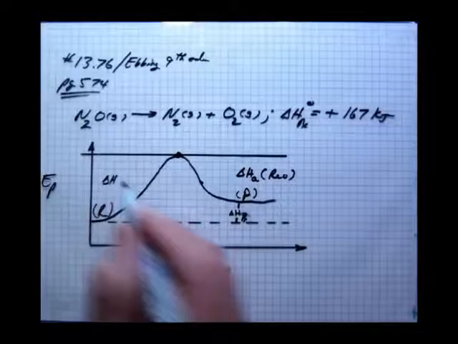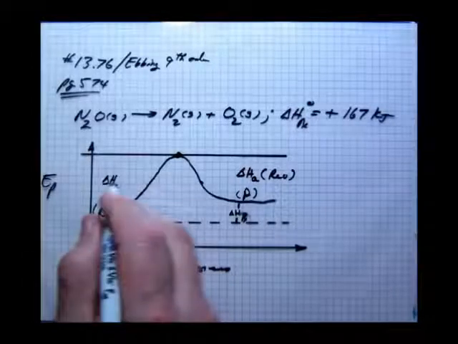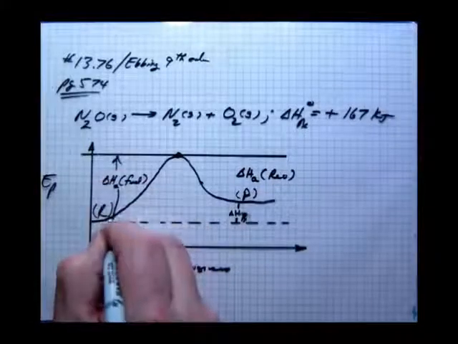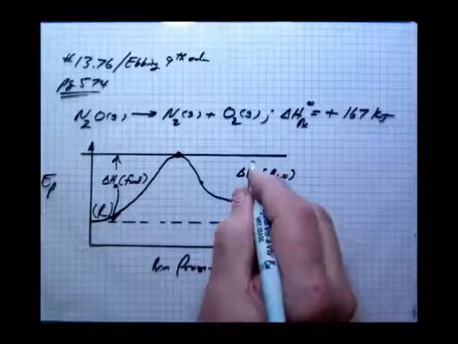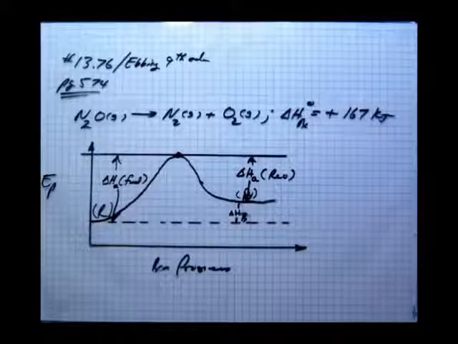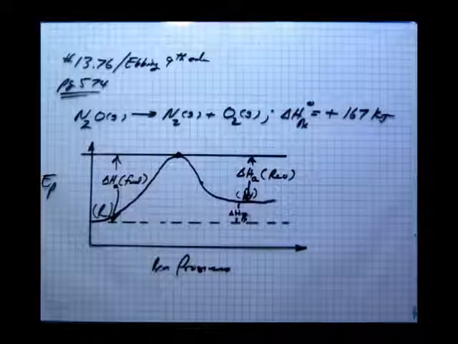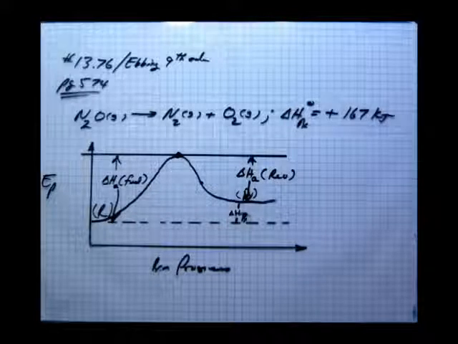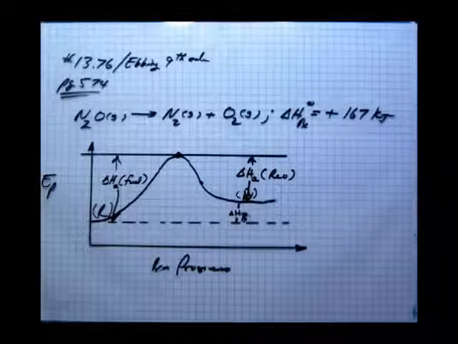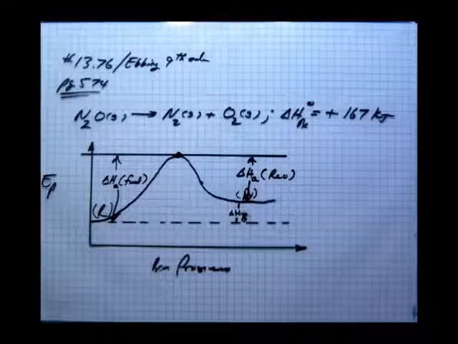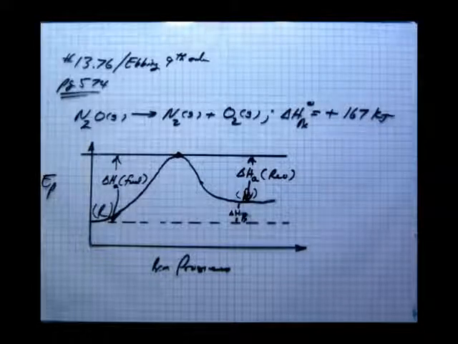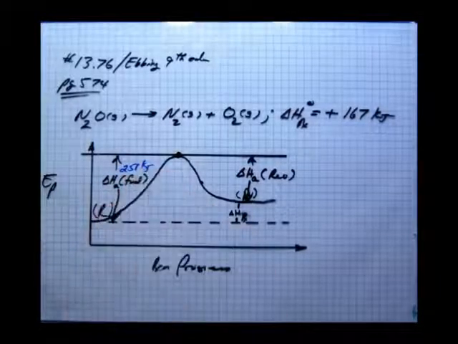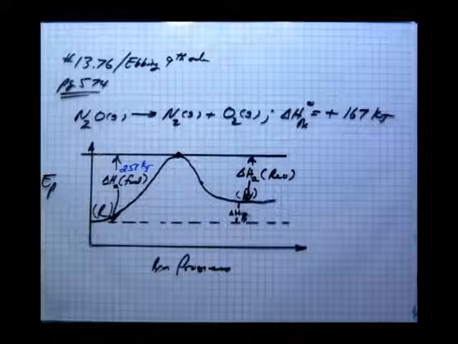Here is delta enthalpy; H and E are the same, for the forward reaction, here to here. So the problem goes on to say the activation energy for the forward reaction is 251 kilojoules. This is 251 kilojoules for the forward reaction.